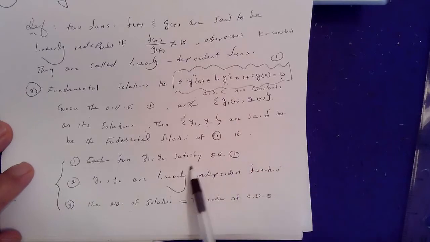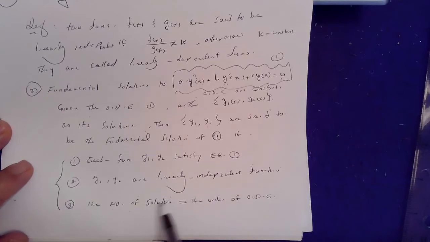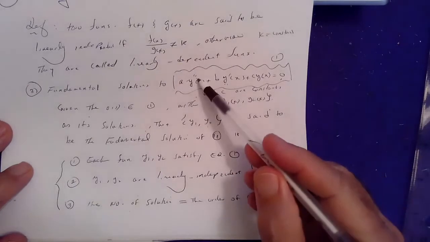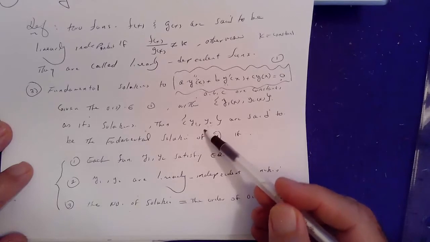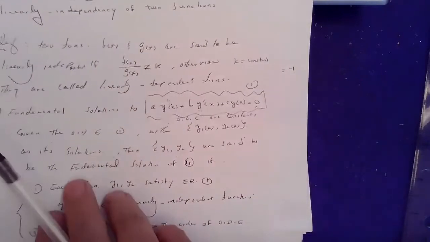So that's number one. Both of the functions have to be linearly independent, meaning they cannot be combined. And the number of solutions has to be the same as the order of the differential equation. If the order, like in this case, is 2, I need 2 solutions, correct? So those are the fundamental definitions.